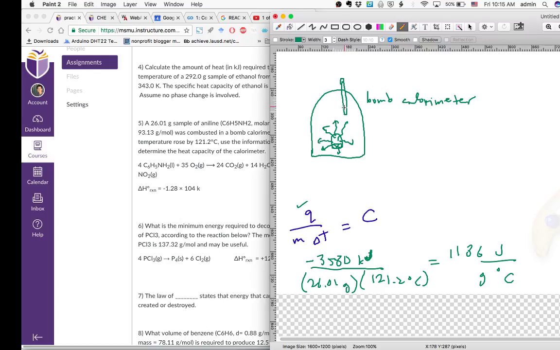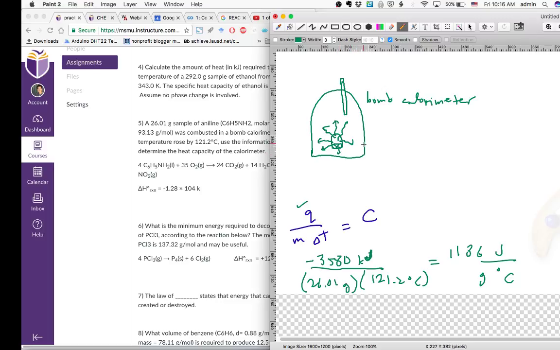It's the energy that it takes to raise the temperature of the bomb calorimeter by a certain number of degrees Celsius. So the heat capacity that I calculated right here for you is the heat capacity of the bomb calorimeter. That's what's going on in this problem.